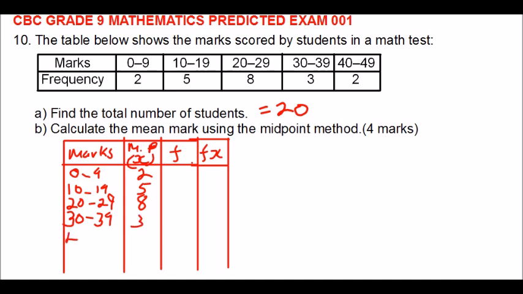And 40 to 49, the frequency is 2. So that is the end of our data that we have been given. So the next one is fx.